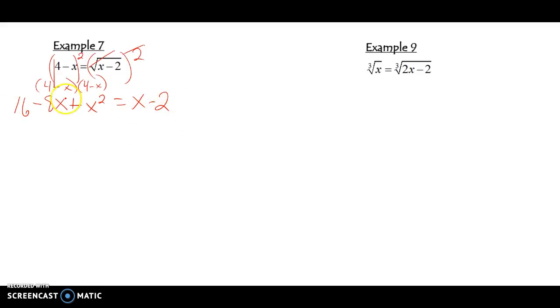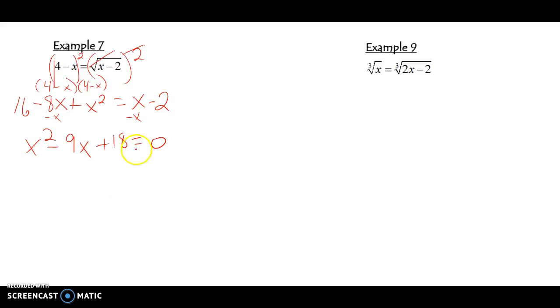So we want to get everything on the same side, get 0 on one side. So we'd end up with x squared minus 9x plus 18 equaling 0. In other words, I subtracted this x, which is where the 9x came from, and then I added 2. So now I have this trinomial equal to 0.